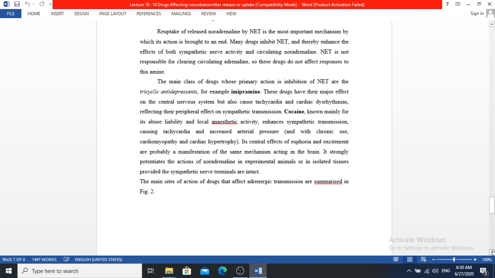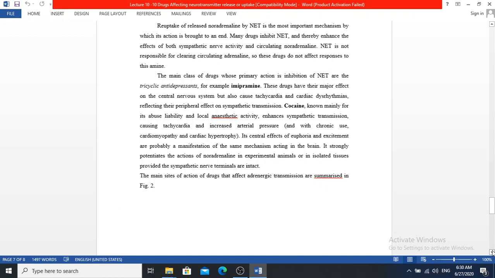The main class of drugs whose primary action is inhibition of NET are the tricyclic antidepressants, for example imipramine. These drugs have their major effect on the central nervous system, but also cause tachycardia and cardiac dysrhythmia, reflecting their peripheral effect on sympathetic transmission.